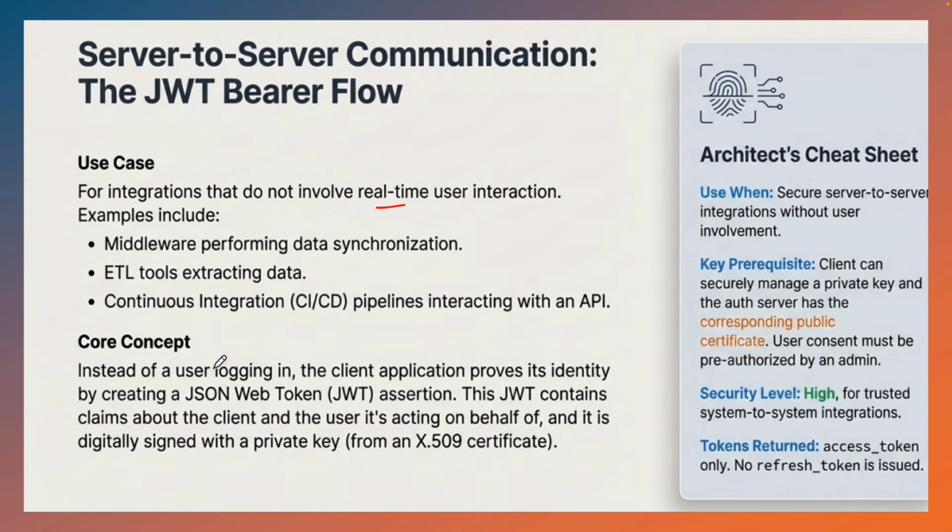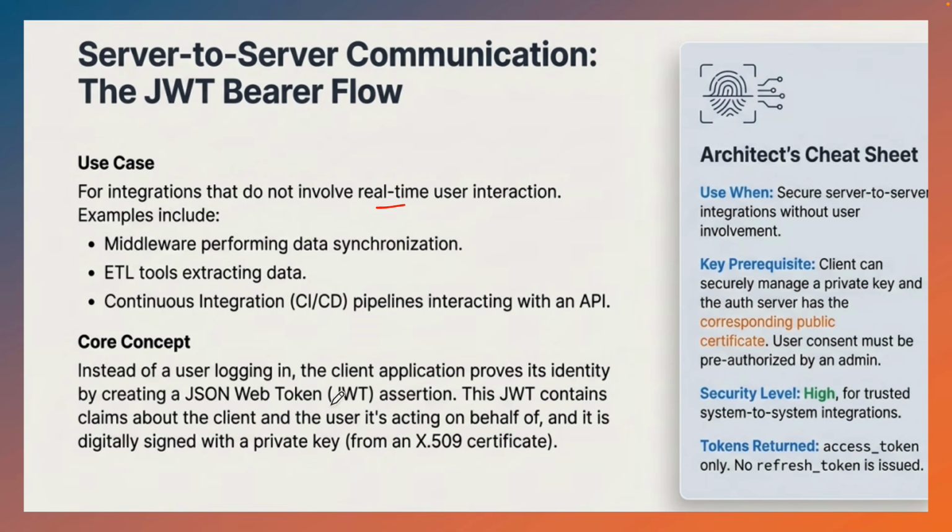The core concept of the JWT bearer flow is something like this. Instead of the user logging in to the client application and providing their identity, the client creates a JWT assertion. This JWT will contain different types of information. I will talk about this JWT information in the next slide.